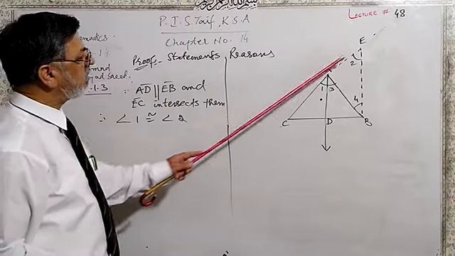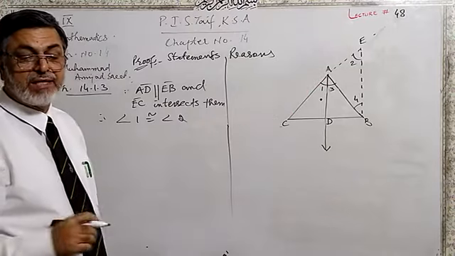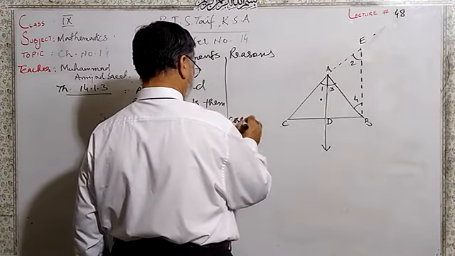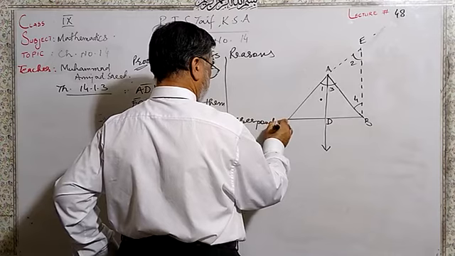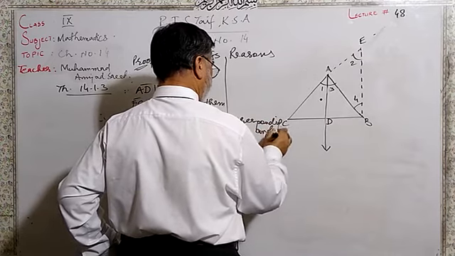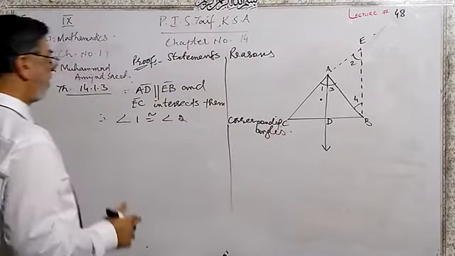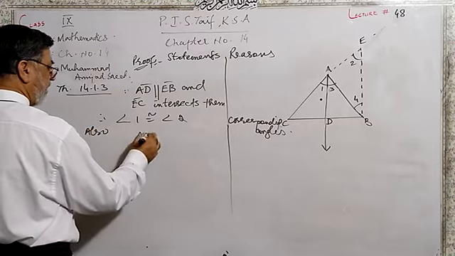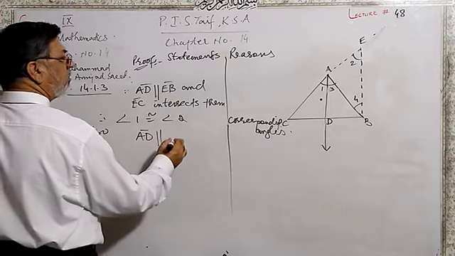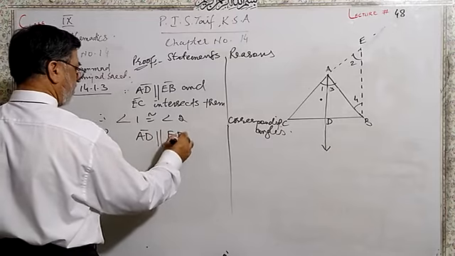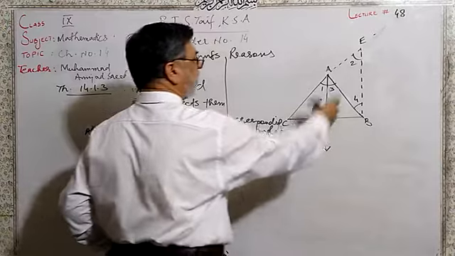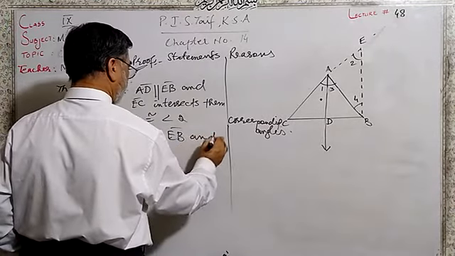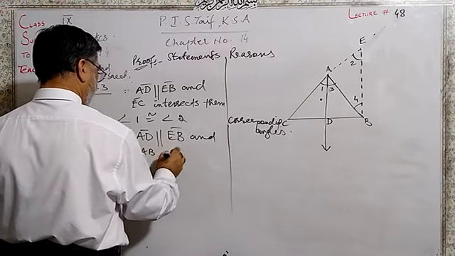Angle 1 is congruent to angle 2. They are corresponding angles. Yes, corresponding angles. Also, AD is parallel to EB and AB intersects them.